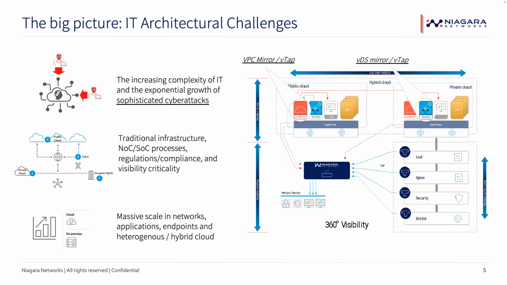But now we must monitor not only the internal virtual infrastructure, now we've got our cloud deployments. And with each of the three major players having basic mirroring capabilities to none at all, that challenge gets even more complex.